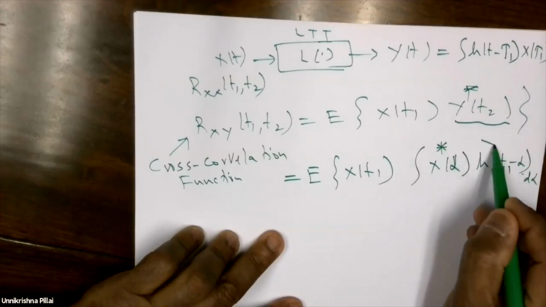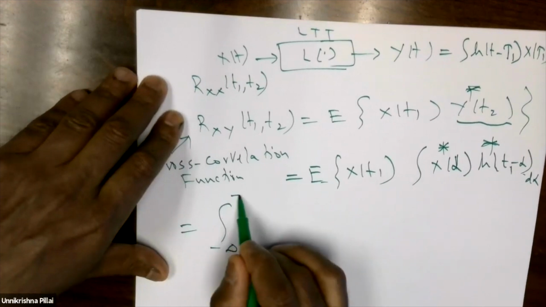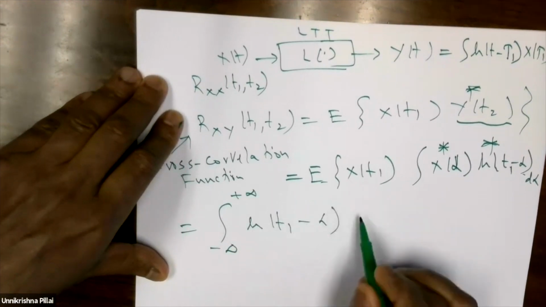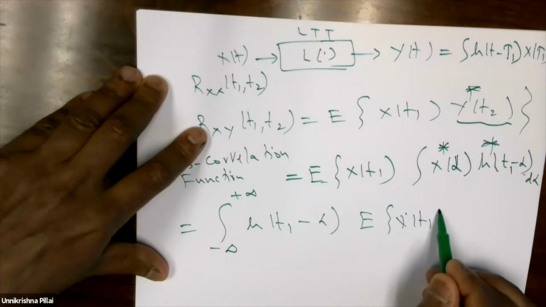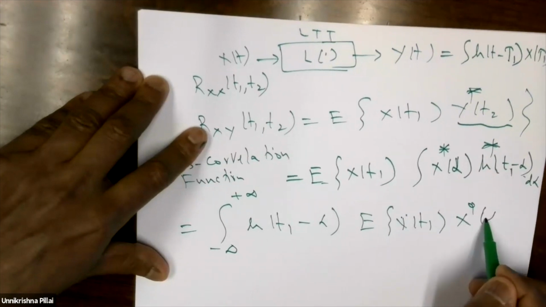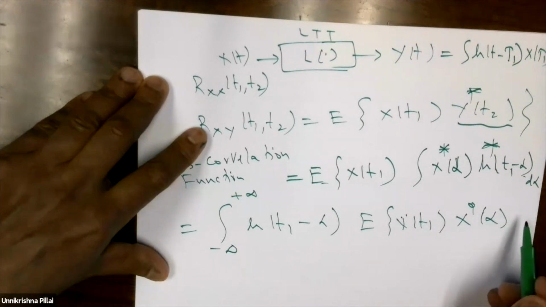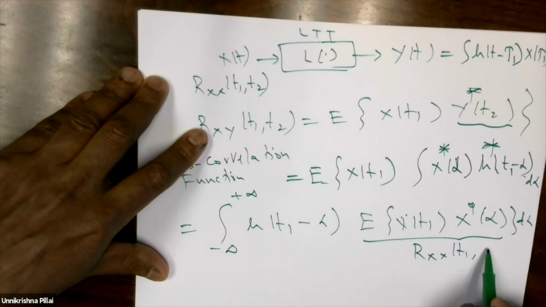So this will be star, this will be star. Let me collect all the expected value together. So this is h star of t2 minus alpha multiplied by the expected value of x of t1 times x star of alpha, d alpha. So this I can write as Rxx of t1 comma alpha.